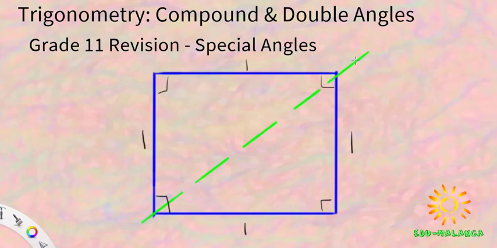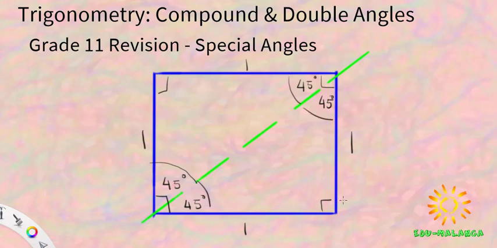And what we've gone and done is we've bisected it diagonally. So we're cutting this diagonally across one side to the other. And what that's going to do is it's going to turn our angles to 45 degrees over here and 45 over there, as well as on this side as well, 45 degrees.